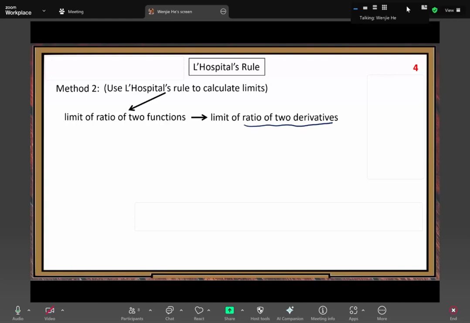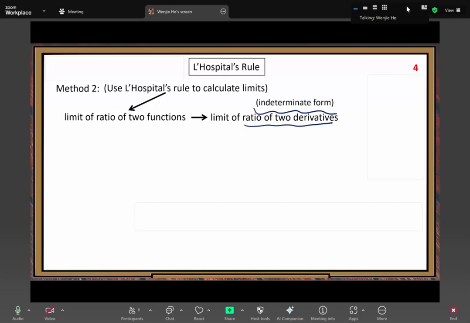So that's very nice. But there is a condition. The condition is that the two functions in this ratio should be in indeterminate form.